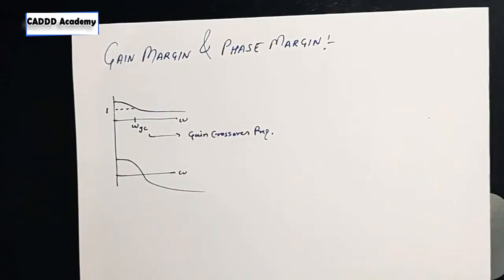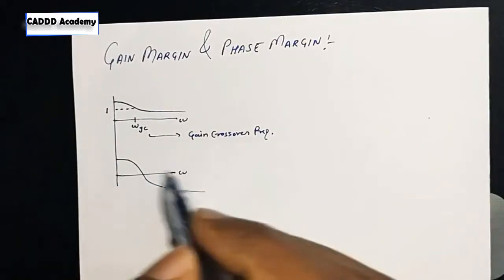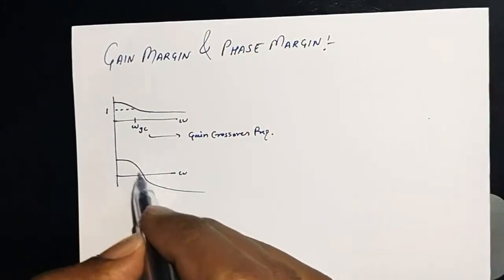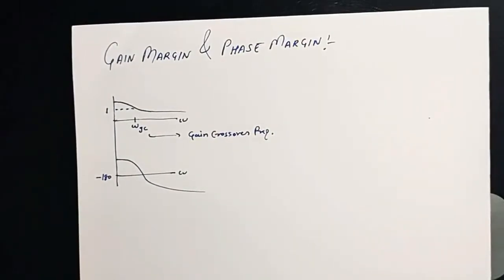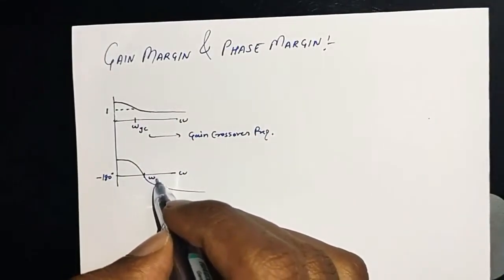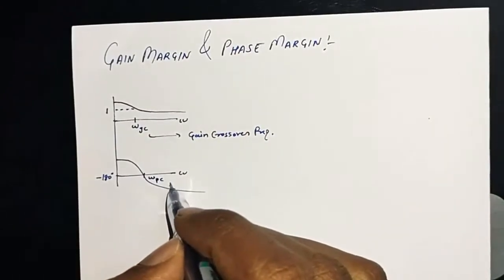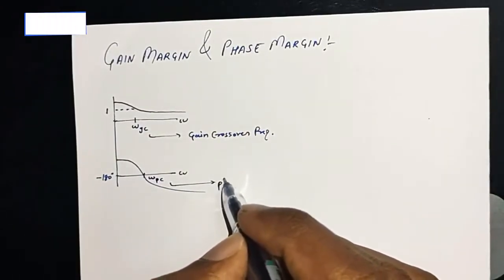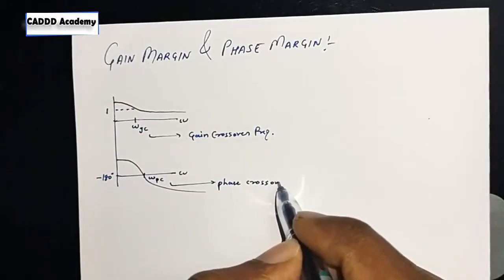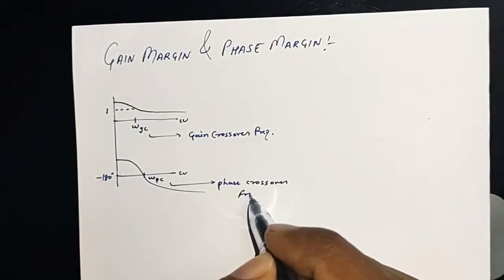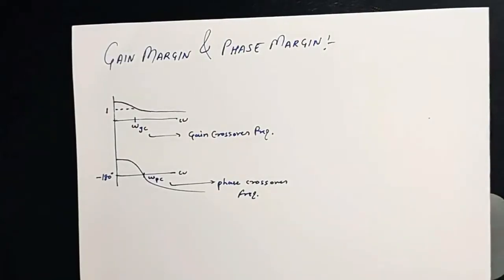Okay, and wherever the phase response of the system crosses minus 180 degree, that frequency is called omega PC, which means phase crossover frequency.